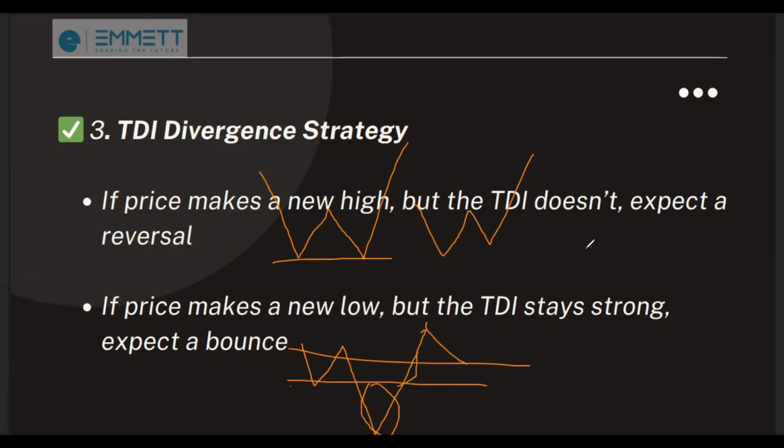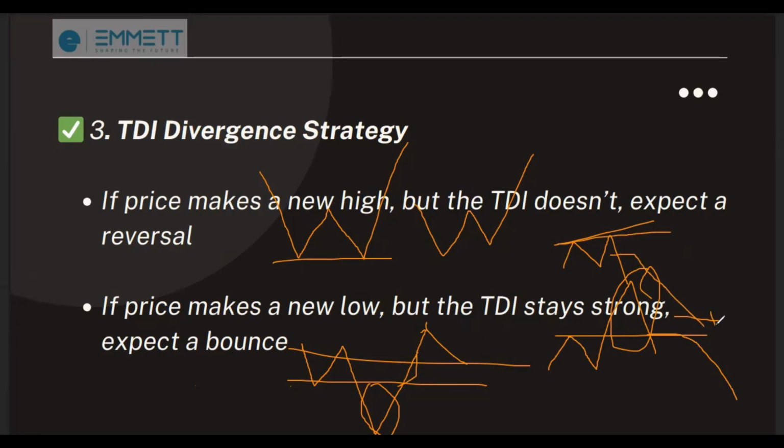In the opposite case, we could have equal highs, and then at the TDI we have something like this. This is a liquidity grab, meaning the market has already used this as a liquidity grab, and so we are looking for a reversal to the downside. It could also appear like this.